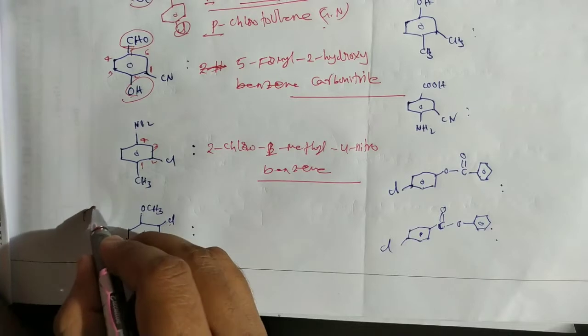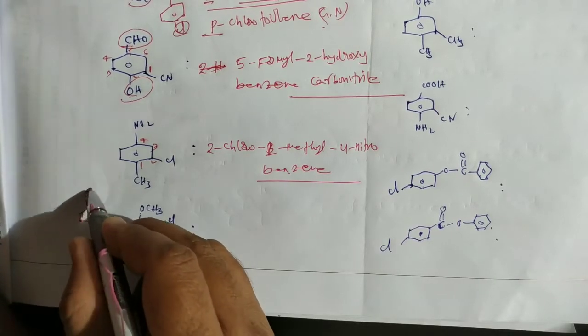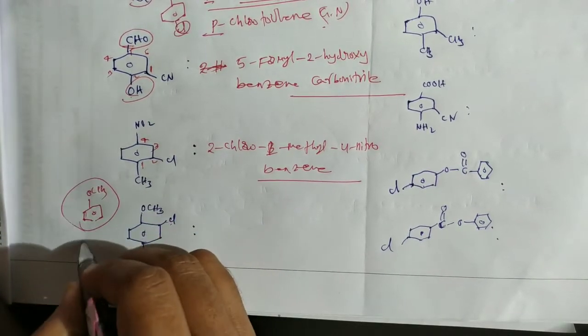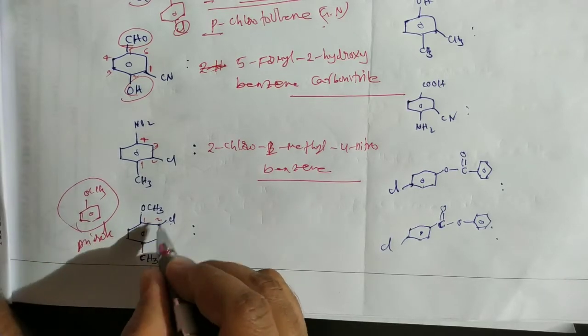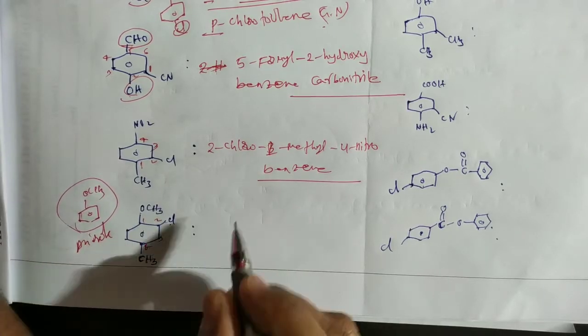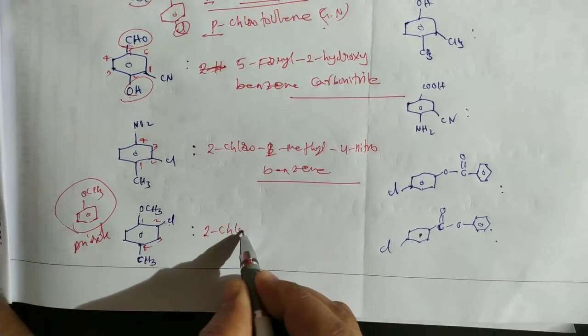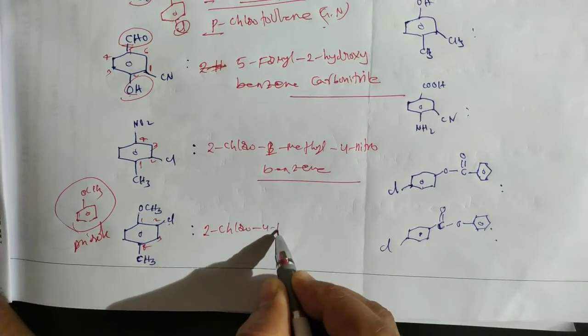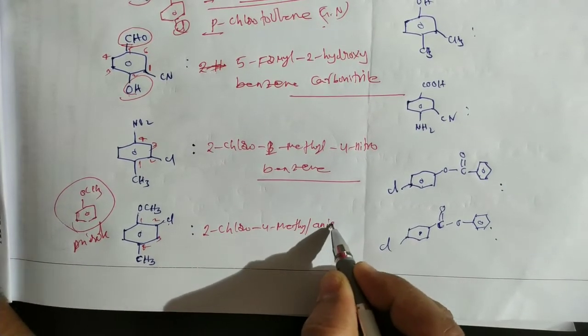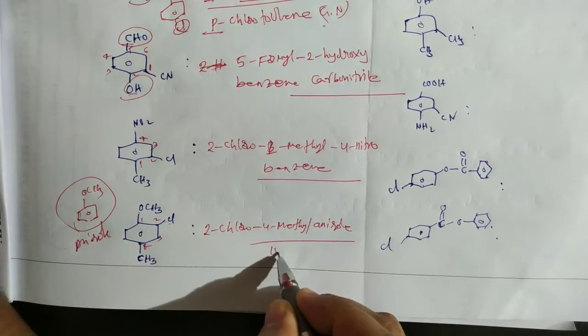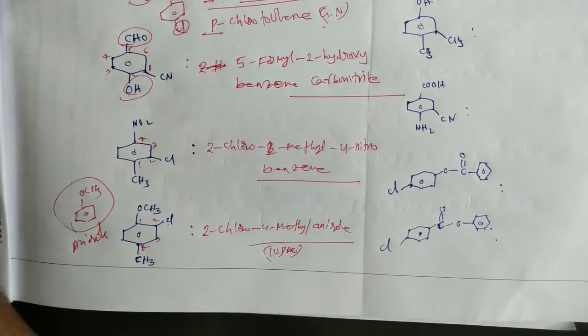But generally if OCH3 is attached, that is known as anisole. This common name is anisole. So here 1, 2, 3, 4, that means 2-chloro, 4-methyl, we can name it as anisole. This is also the IUPAC name of the compound.